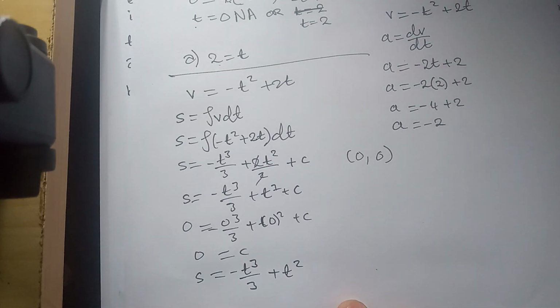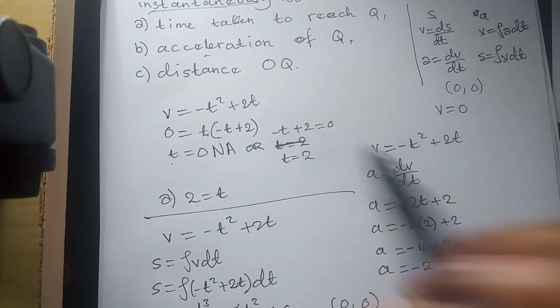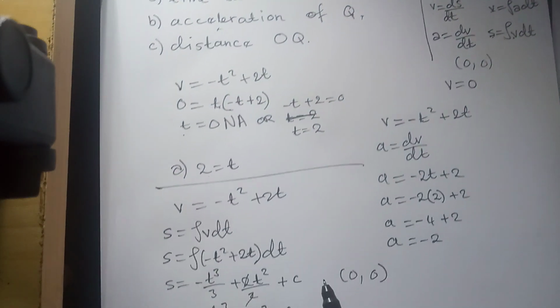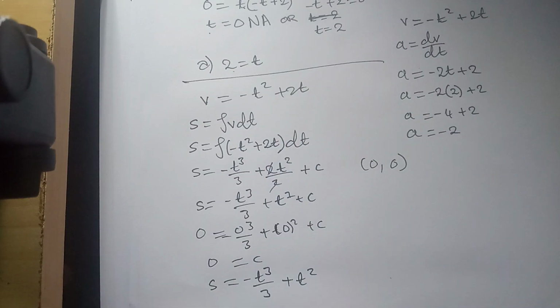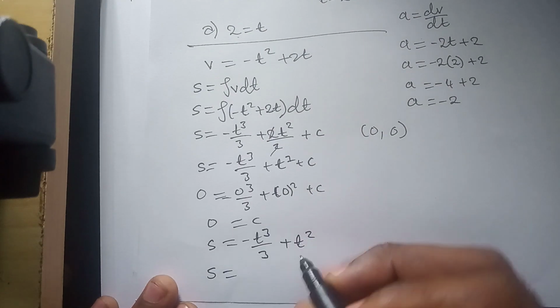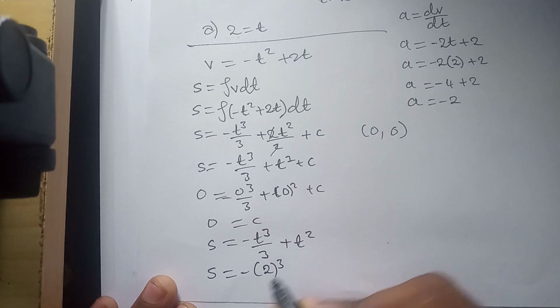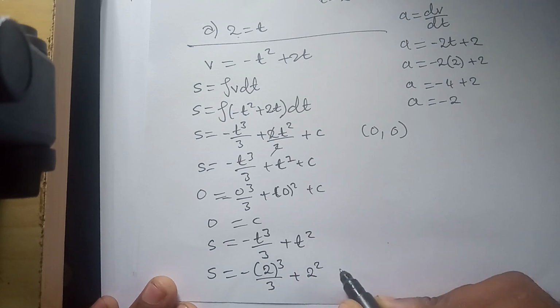And then to find the distance from O to Q, you can just use the time. We found that t is equal to 2. So the distance OQ is equal to negative 2 to the power 3 over 3, plus 2 squared.